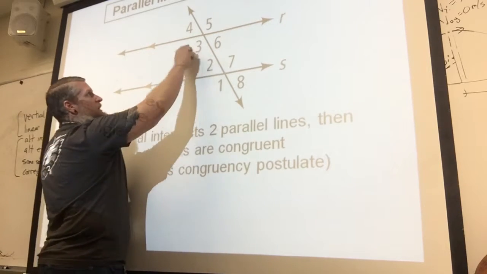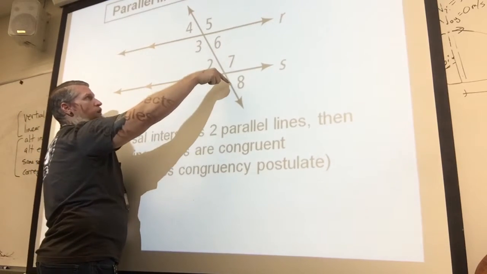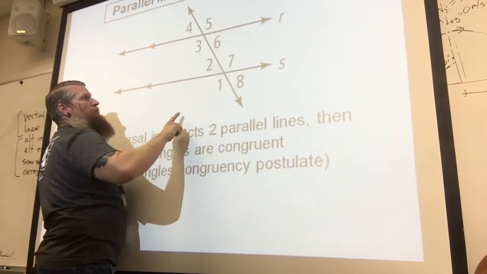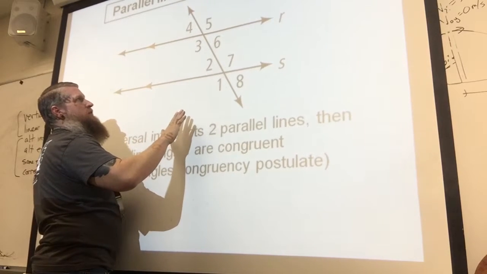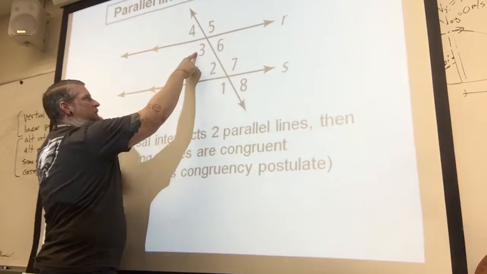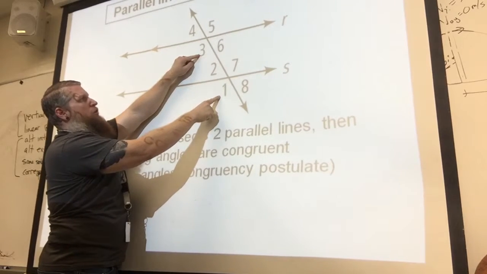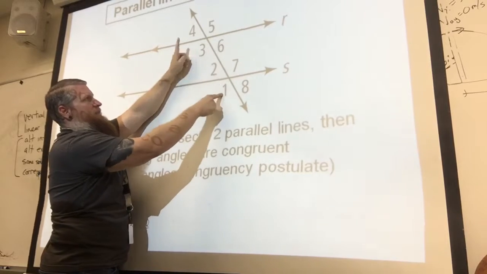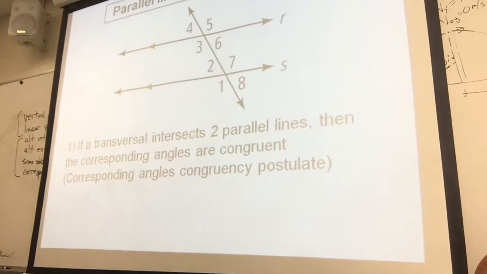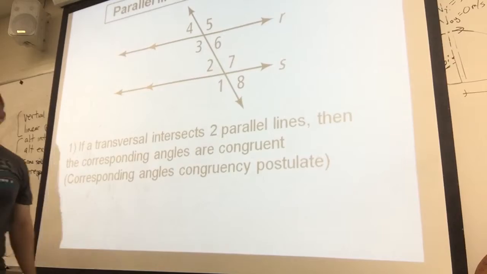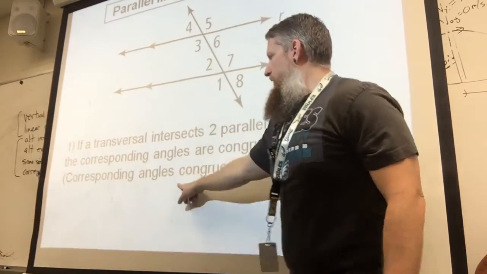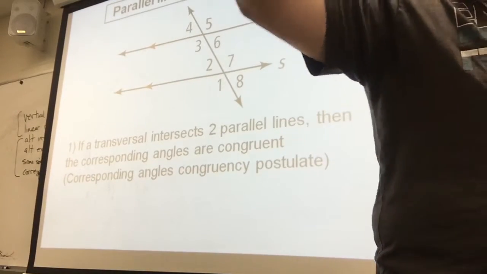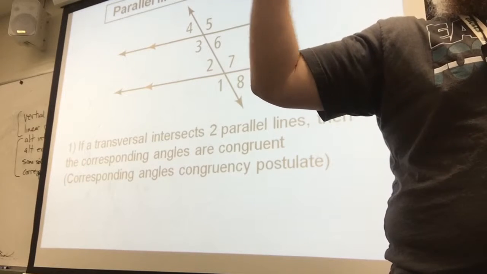It's just saying that if you have parallel lines and a transversal, the angles that are corresponding have to be congruent to each other. Like angle 3 and angle 1 are corresponding angles. They're both obtuse. Those are parallel lines. 1 and 3 have to be the same measure. Okay? So now, what I have here, this little thing in parentheses and the titles of those little boxes they have there, you guys need.